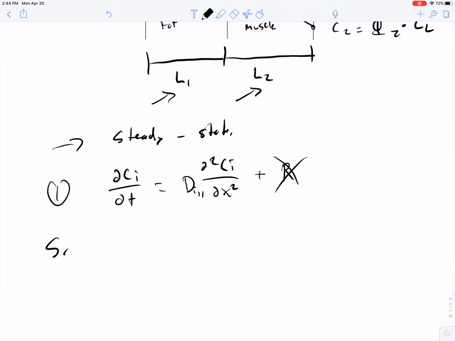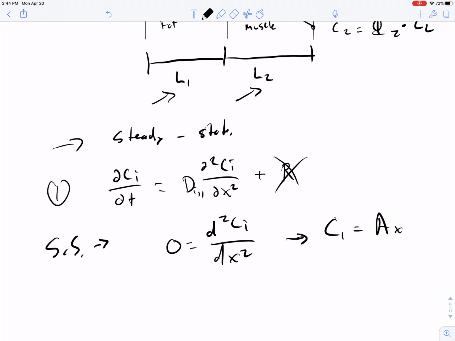So at steady state, we end up solving the equation that we've solved before, 0 equals d squared ci over dx squared. And the solution to this is that C1 equals A1 X plus B1.